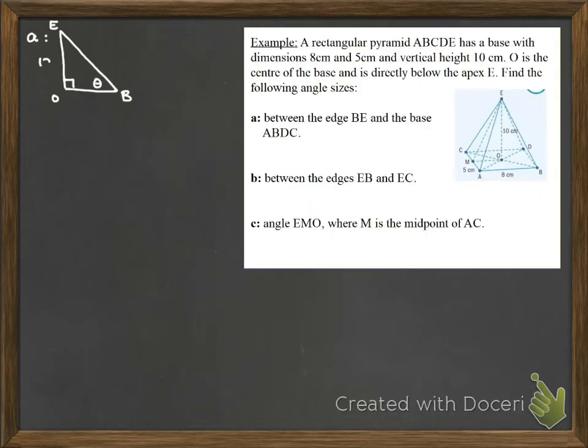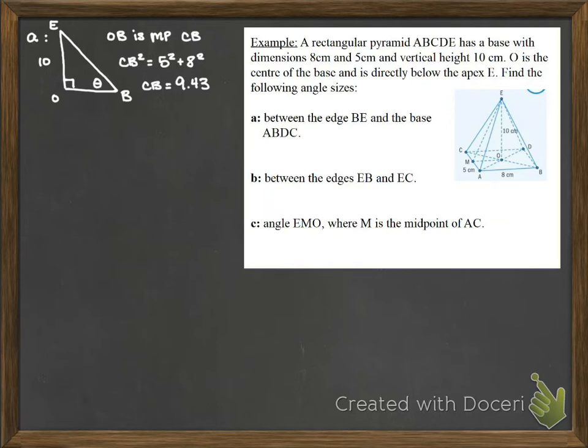On this example, the first one is we want to find the angle between BE and the base ABC. BE is that slant height down the right side of your pyramid, and then with the base, you're going towards the center. There is our right triangle. We know the height is 10, but that's about all we know. OB is half of CB. We can find the whole length of CB using Pythagorean theorem because it's a right triangle.